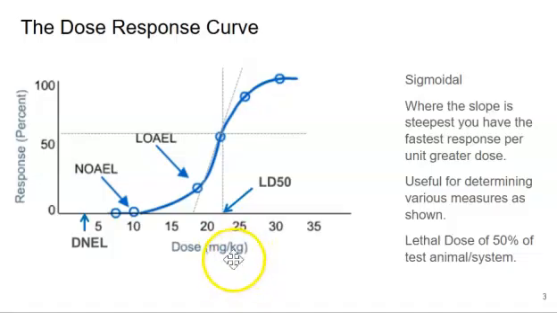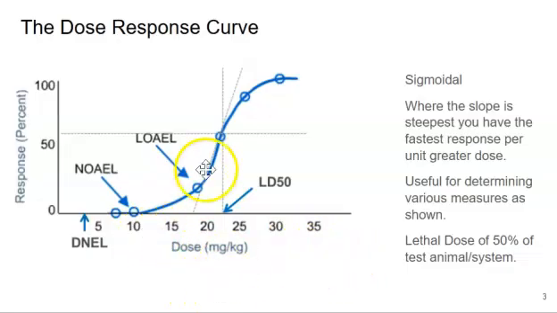So that unit shows us this is an absorbed dose. And the vertical scale is response in percent. So what percent of organisms, test animals or modeled people are we seeing is what's on the vertical axis.